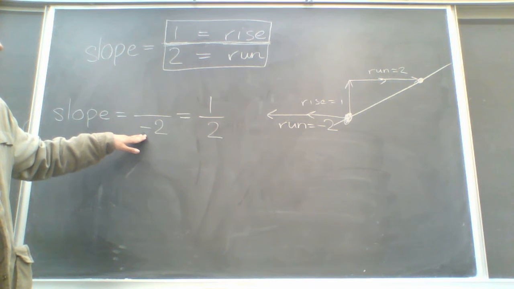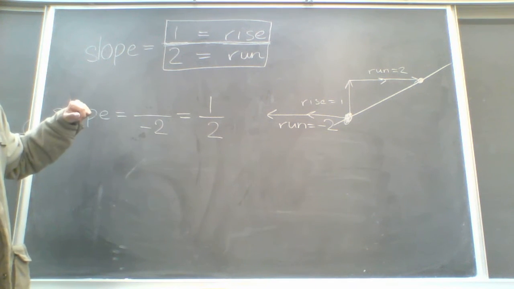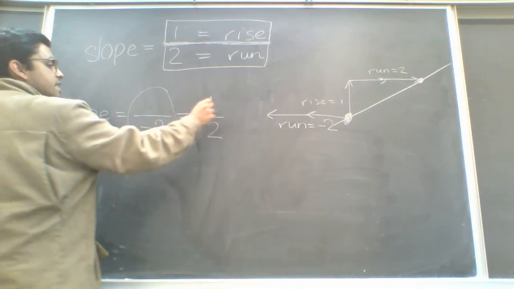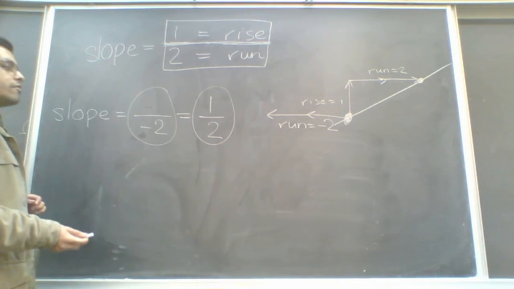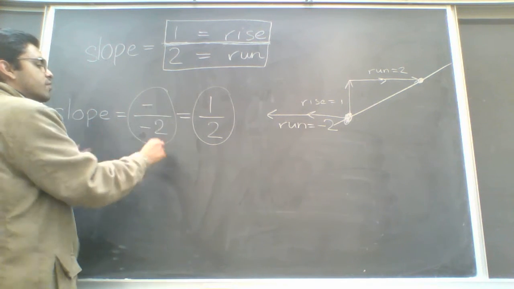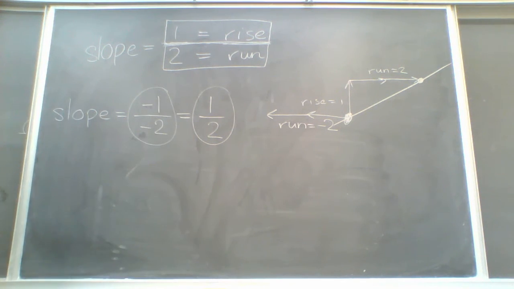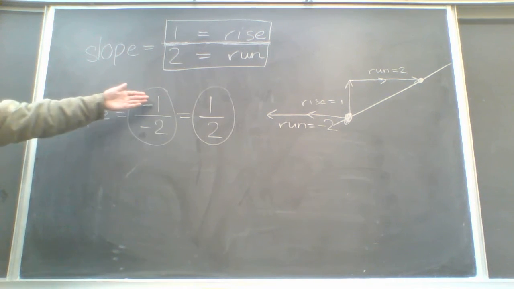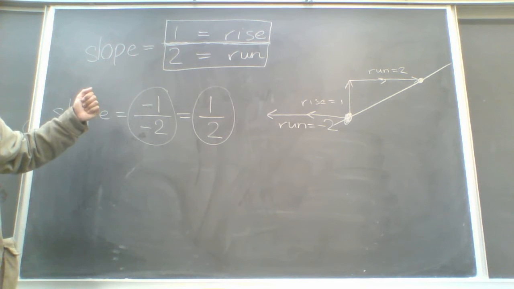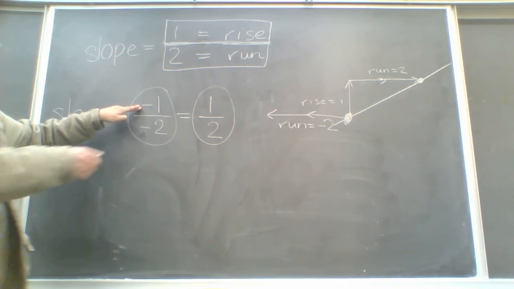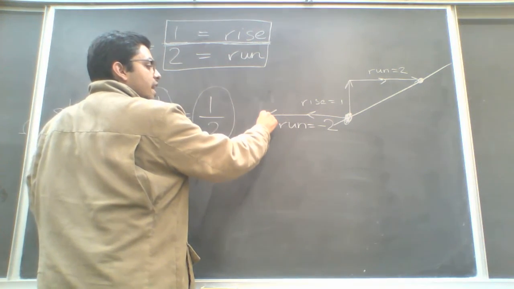So there's only one number we can put in the numerator that makes sure this fraction is still equal to 1/2, and that is -1, because then the two negatives cancel each other out and we're left with 1/2. Now if we've got a -1 in the numerator, that means we have a rise of -1.